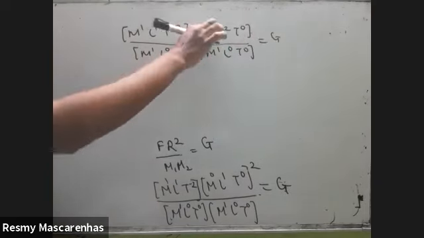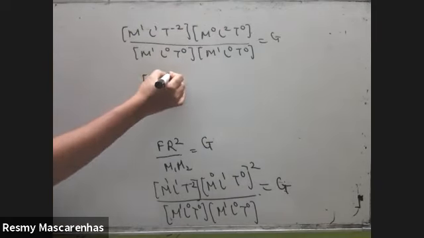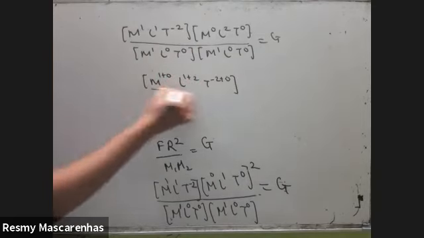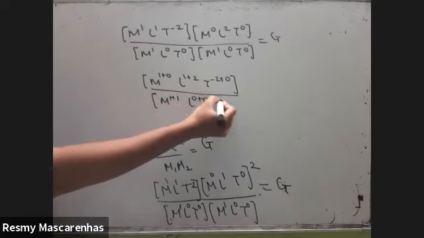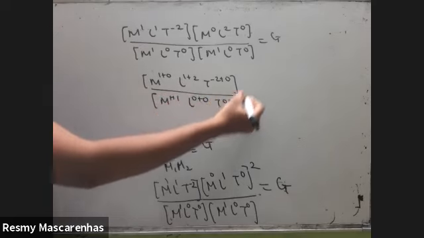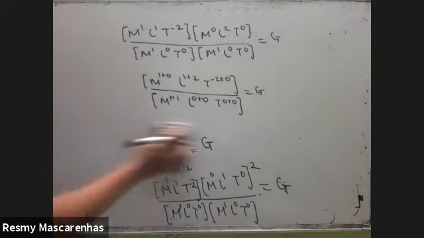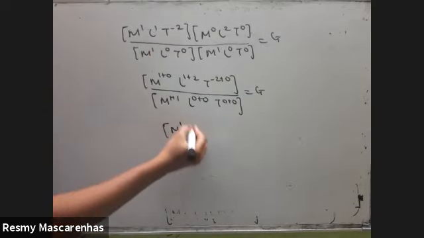Now add all the powers. 1 plus 0 will give me M1, L3.